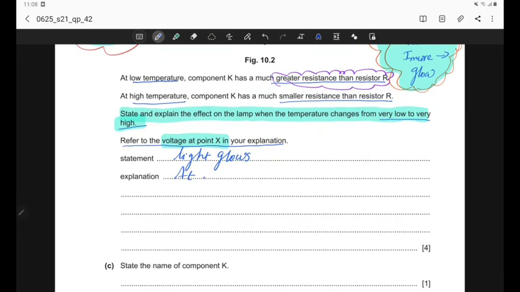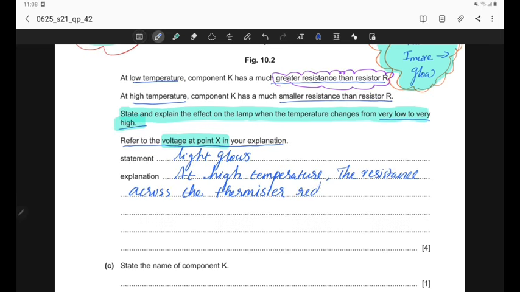So at high temperature, or when the temperature increases, the resistance across the thermistor, or across component K, the thermistor name is not indicated in the question, but we should understand by looking at the symbol. So you can mention it as thermistor. The resistance across the thermistor reduces.